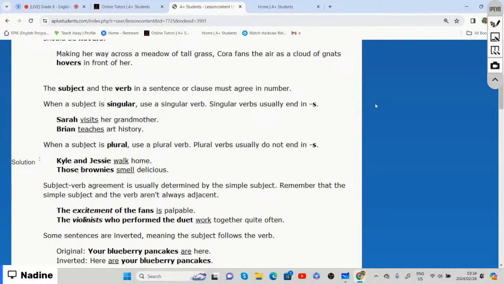We said a singular verb usually ends in S, which means we add the S to that specific verb. Then, Brian teaches art history. Again, we add S or ES to the verb within that sentence.